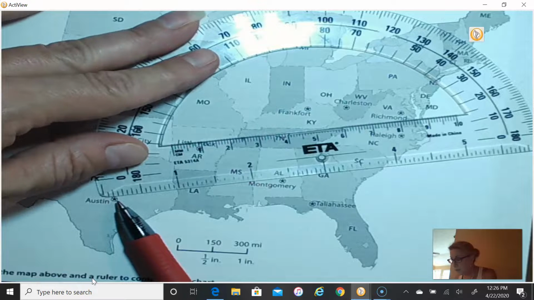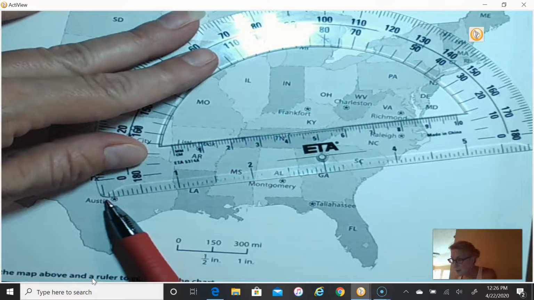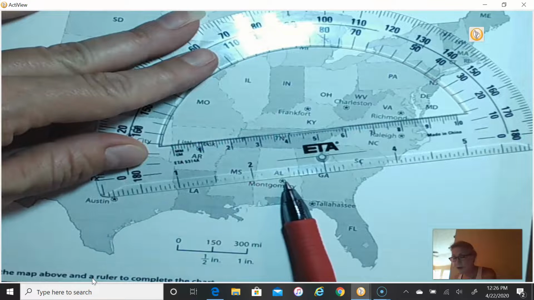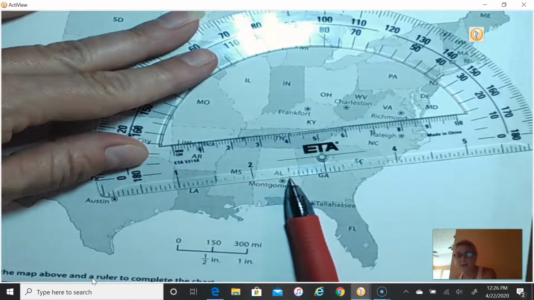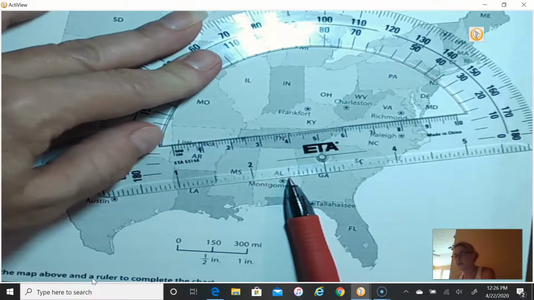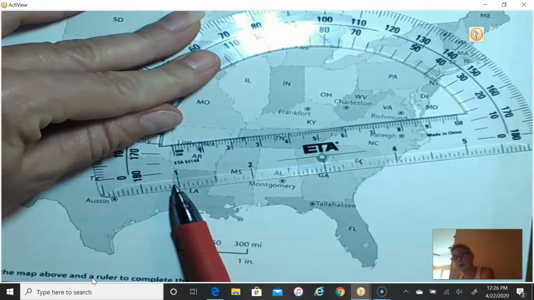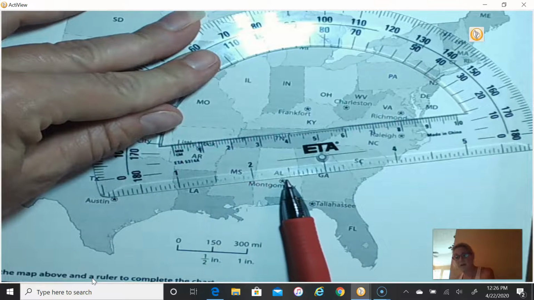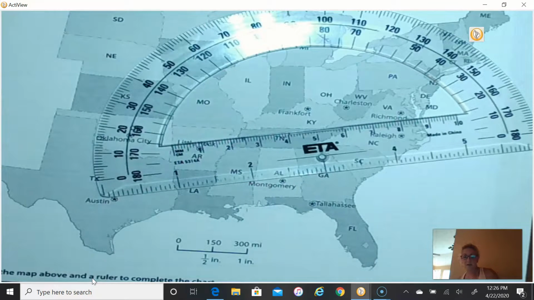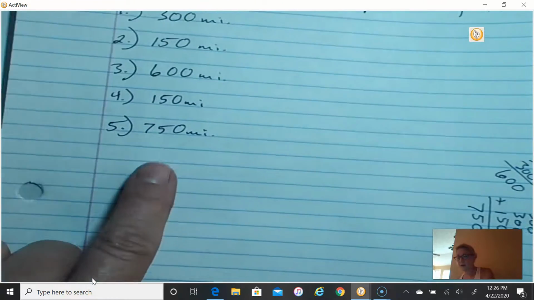This is a stupid protractor. All right, so from here to here is supposed to be 2.5 inches. 2.5 inches, okay? So that's 300, and then another 300, and then 150. Again, you get 750 miles.